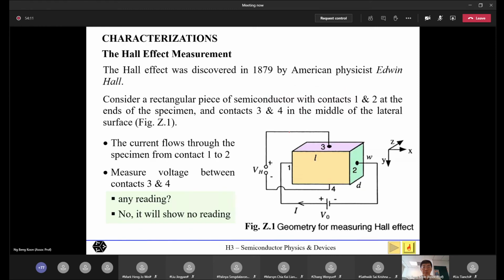Okay, then the next thing that I'm going to just briefly discuss is the characterization of semiconductors. So this part here would not be examinable. In other words, the test and exam will not cover this. But we need to discuss this because in your lab experiment, your lab 2, we're going to use some of this characterization technique.